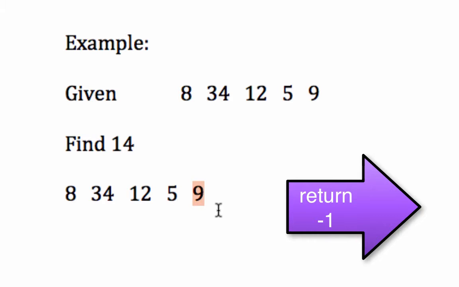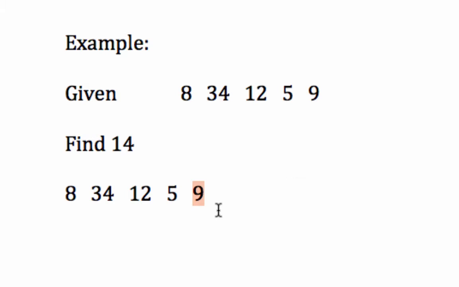And in Java, that value is -1. So again, the algorithm that we're using will return -1 to indicate that there are no values that match 14 in our collection. I encourage you to watch that video called Linear Search Code, and you will understand better this issue about the -1.